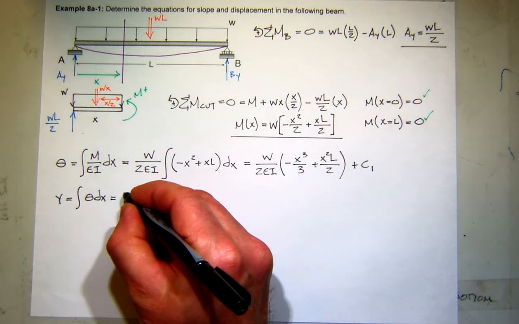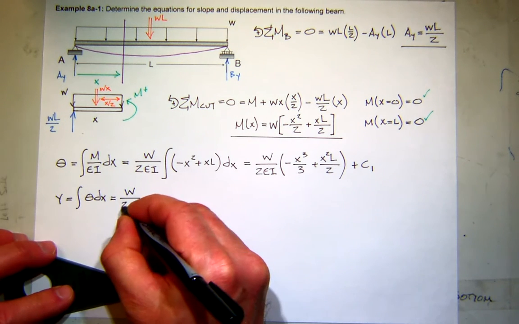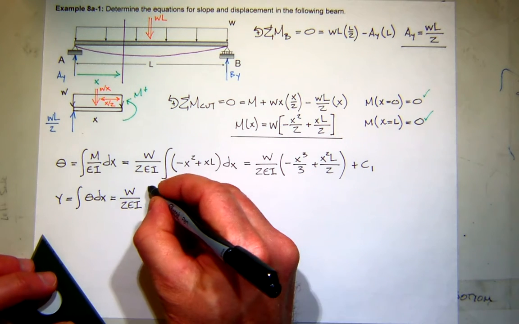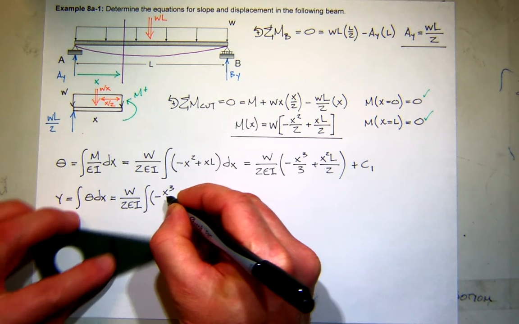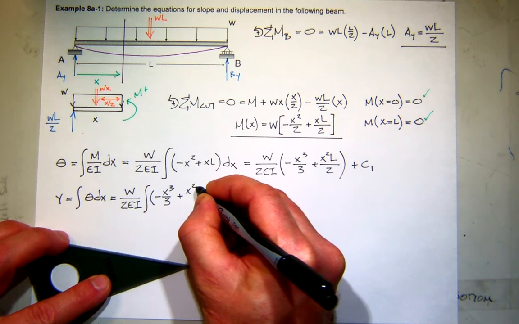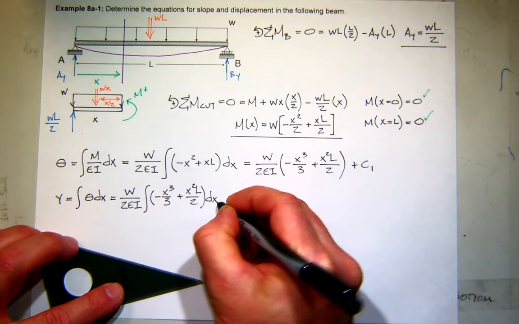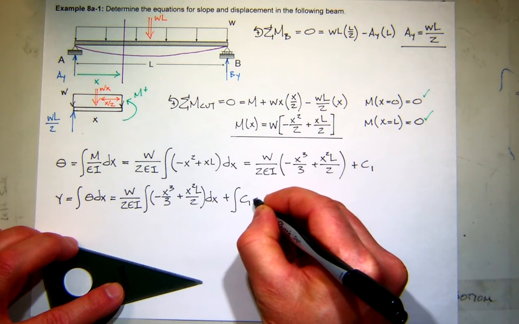So again, I've got that W over 2EI sitting there, and I'm going to integrate minus x cubed over 3 plus x squared L over 2 dx, plus I'm going to integrate C1.